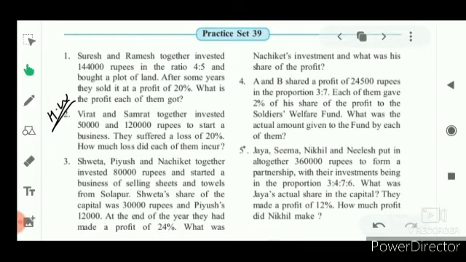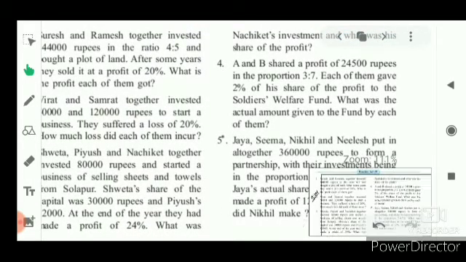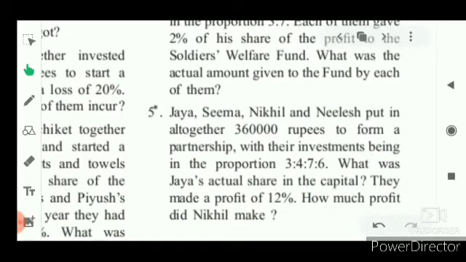So first of all, what was Jaya's actual share in the capital? Suppose Jaya's share is 3x, Seema's share is 4x, Nikhil's share is 7x, and Nilesh's share is 6x. So Jaya's share is 3 upon 3 plus 4 plus 7 plus 6 into the total amount 3,60,000.